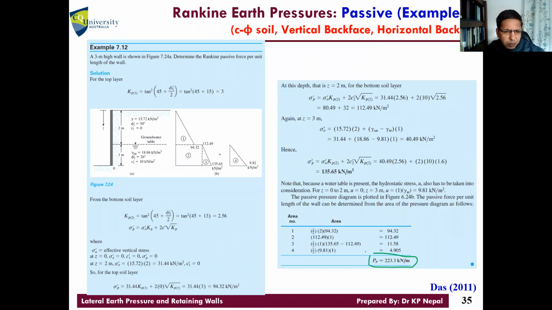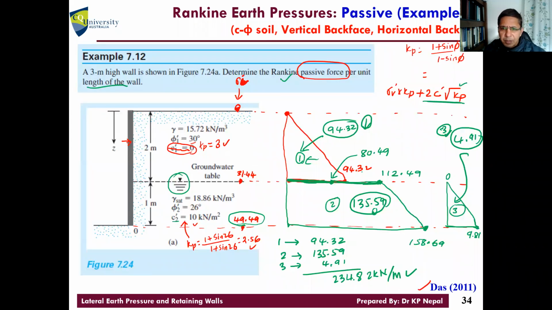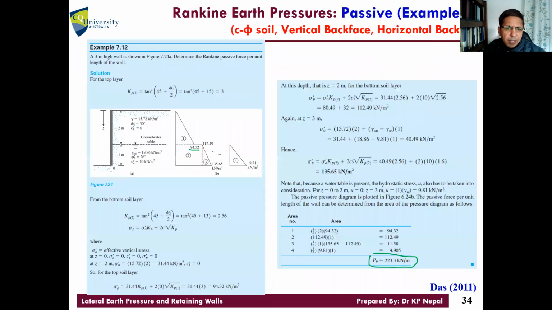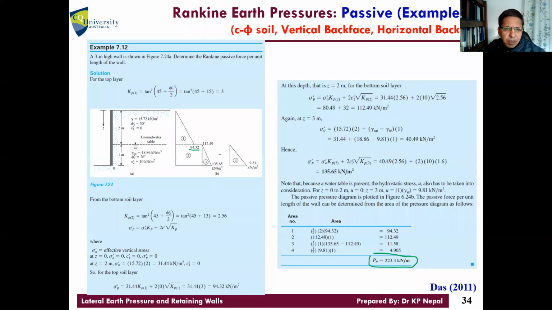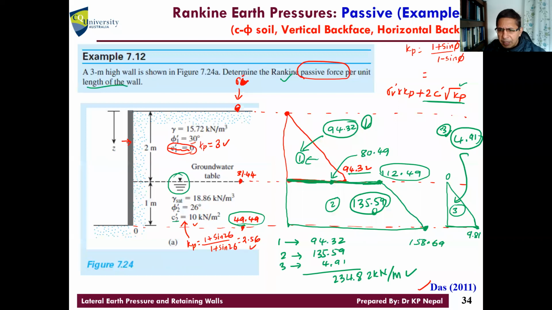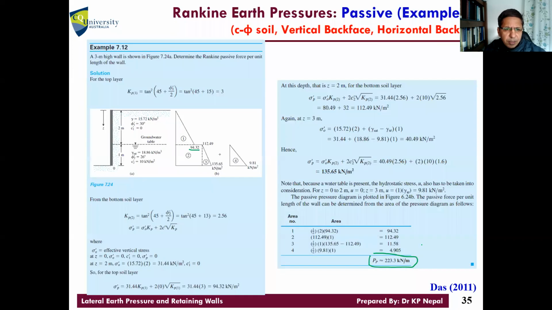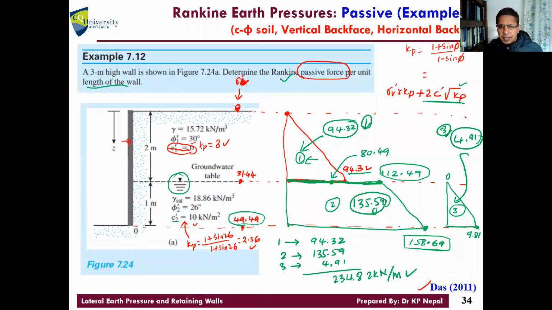I think somewhere, did we make any mistakes in calculations? 94.32 is correct, right? And 112.49, that's also good, yeah? And then what's the one, 135.65? What did we do here? Did we make some wrong calculation? Just wait, I want to check. 135.65 they got, right?